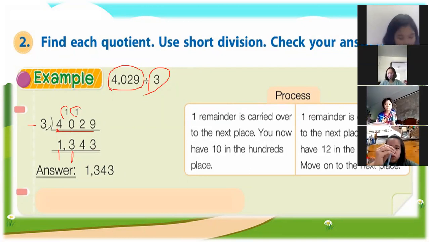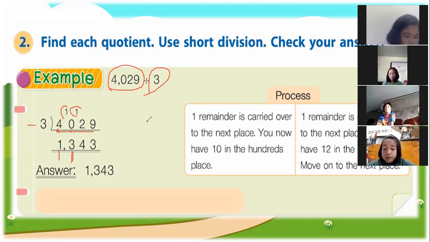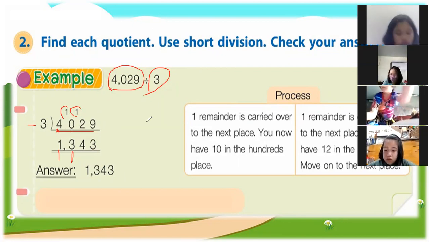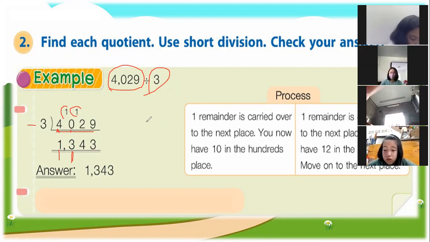Now we are going to use the table of 3 again. 3 multiplied by 1 is equal to 3. 3 multiplied by 2 is equal to 6. 3 multiplied by 3 is equal to 9, right? And 3 multiplied by 4 is equal to how much?